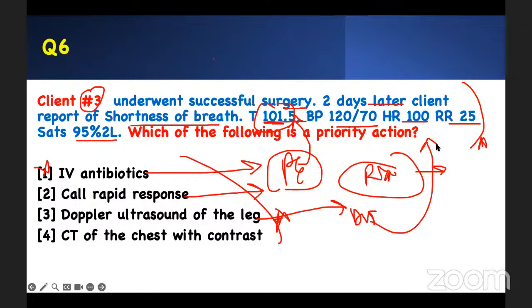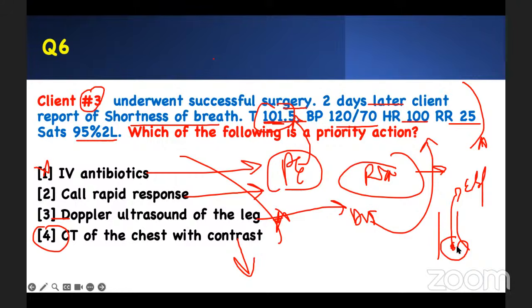You assume that. But if you get a CT of the chest, it gives you a diagnosis. It can even go all the way to the leg and figure out what the patient has, and it can guide management. So CT of the chest is better than ultrasound of the leg. Although ultrasound can give you an idea that you have a DVT, most of the time the clot may already be gone. That is what has embolized to the lung, so there will be no clot there.